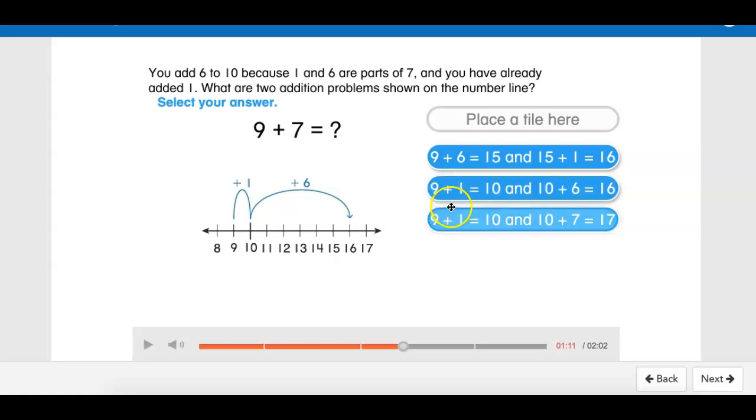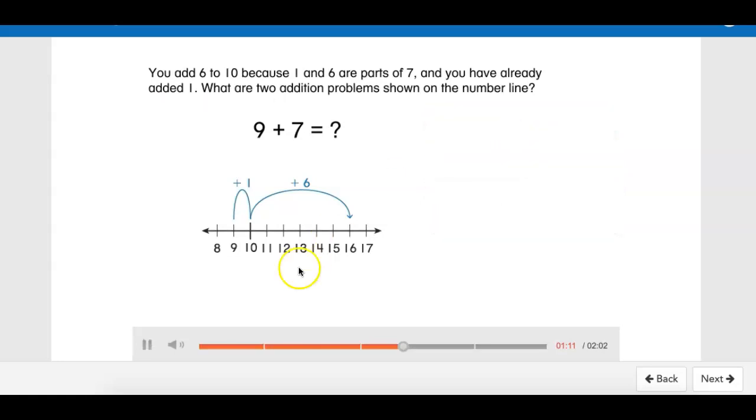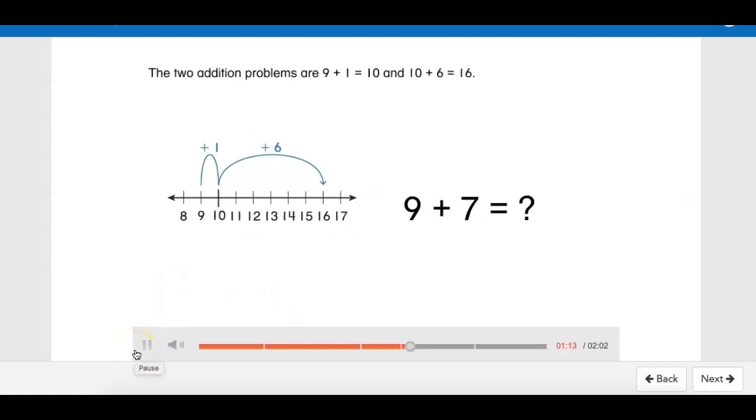Both of these tiles begin with 9 plus 1 equals 10. So let's see if the second equation is correct. Now we need 10 plus 6 equals 16. So which of these tiles shows 10 plus 6 equals 16? The middle one. The two addition problems are 9 plus 1 equals 10, and 10 plus 6 equals 16.